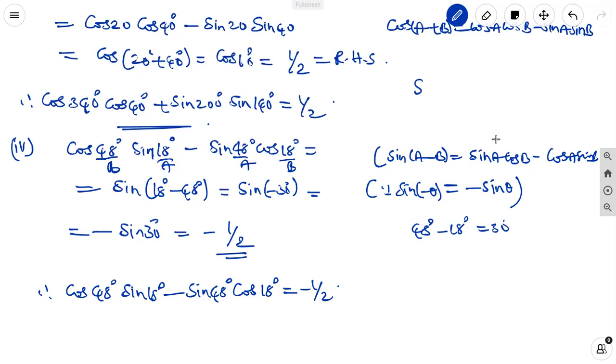Because you can take the negative outside, then it becomes cos A sine B minus sine A cos B. In that case, you can take A equal to 48, B equal to 18, then you can have the negative outside. You get the same answer. This is the procedure how we can apply the compound angles in the suitable formula and prove what they have given.